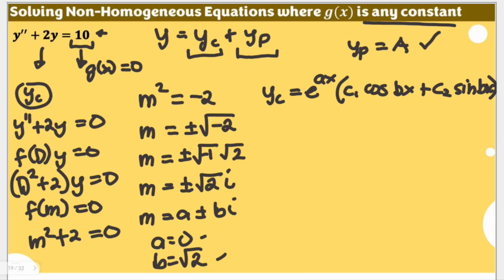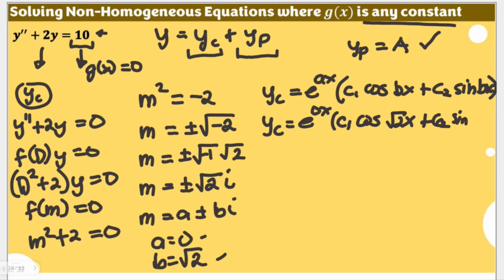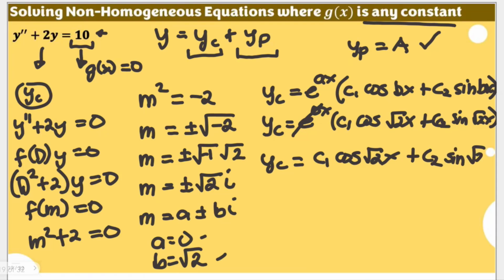Okay, so plugging that in here, our y sub c is e to the power of 0x times c sub 1 cosine of square root of 2x plus c sub 2 sine of square root of 2x. Since e to the 0 is just equal to 1, our y sub c is equal to c sub 1 cosine of square root of 2x plus c sub 2 sine of square root of 2x.